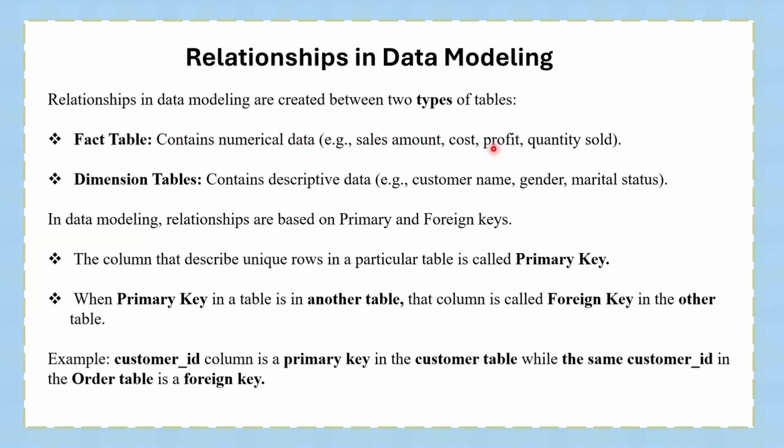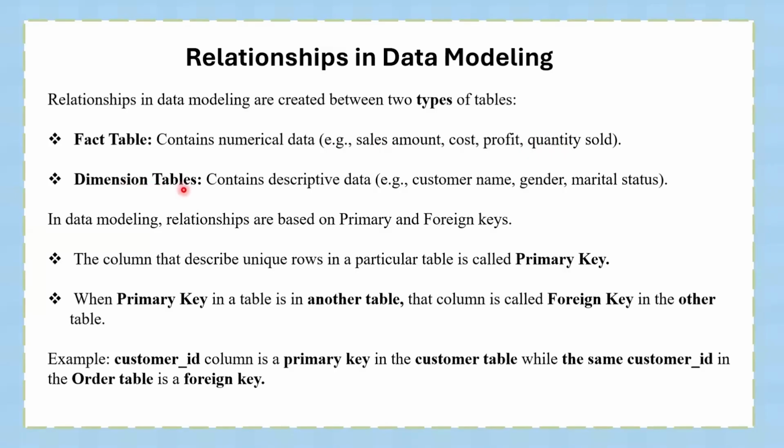And like I've stated in the examples here, if you're working with a sales data set, which of your tables contains the sales amount, which contains cost, the profit, the quantity of products that was sold, and basically also including the products that was sold, or the customer that this product was sold to, or the region where it was sold.